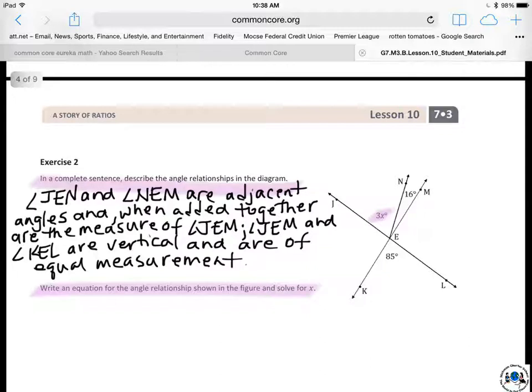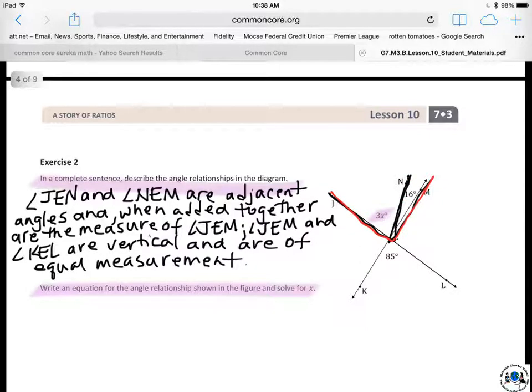So if we have JEN and then NEM, you add those together and you get JEM. This angle here plus this angle here equals this entire angle there. That's just obvious. You can see that.